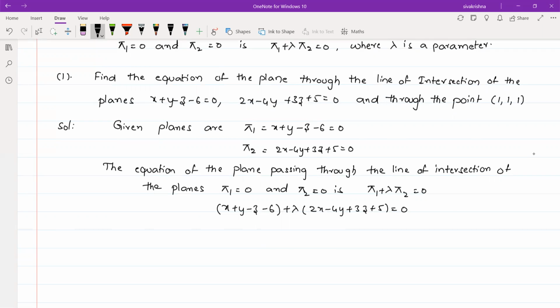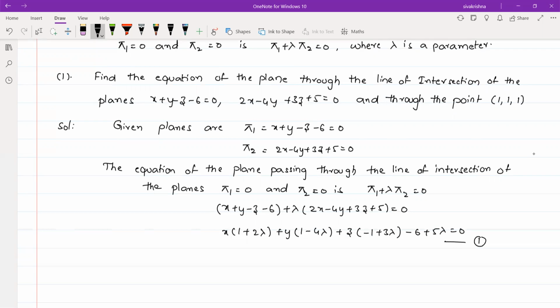This equation can be written as follows: if we take x common in both the plane equations, we get 1 plus 2 lambda. Similarly, taking y common, we get 1 minus 4 lambda. Taking z common, we get minus 1 plus 3 lambda. Finally, the constants give minus 6 plus 5 lambda is equal to 0. Treat this as equation 1. This is our required plane equation.